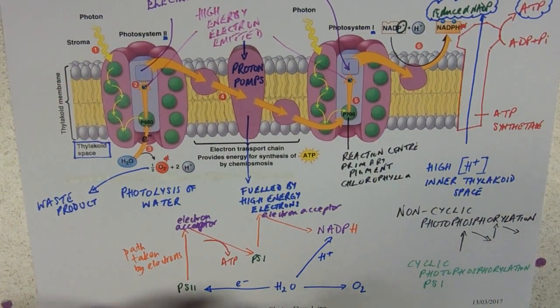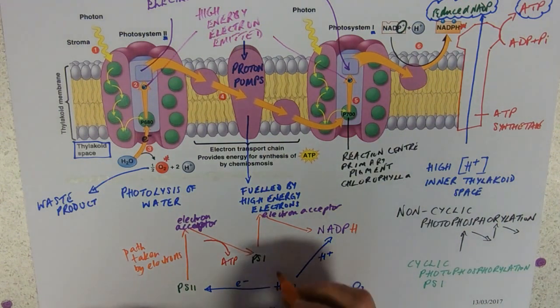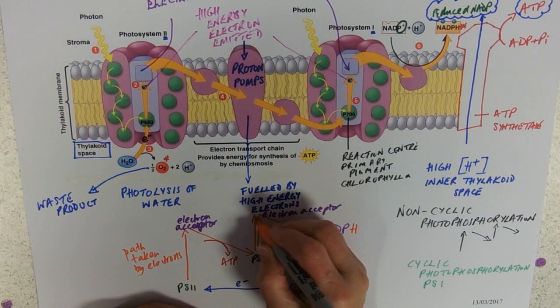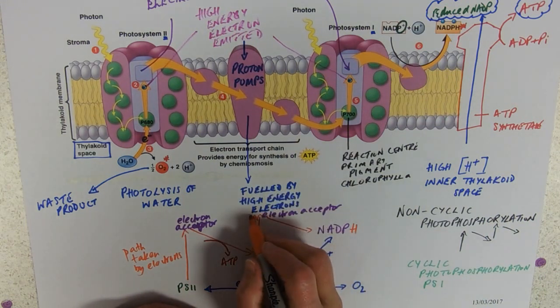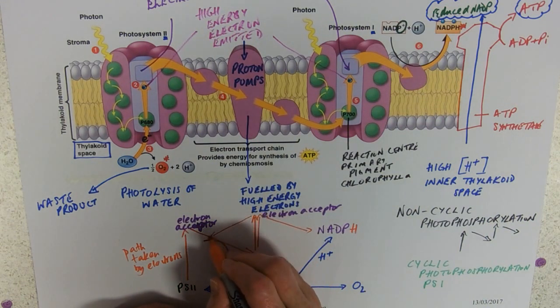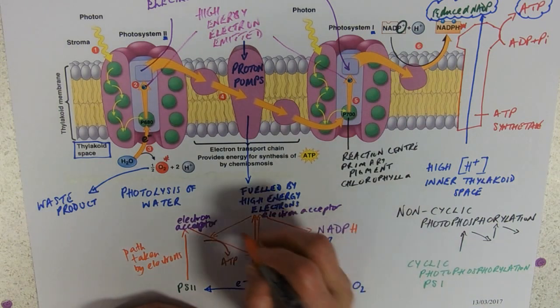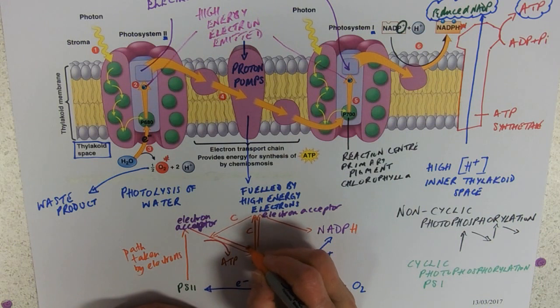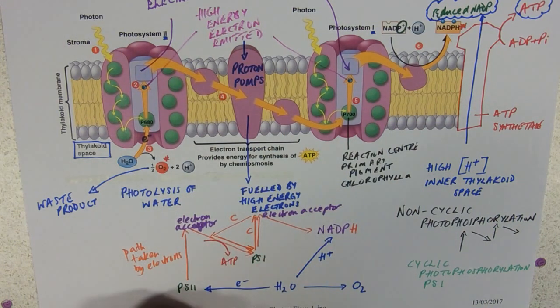Super duper. So cyclic photophosphorylation only involves photosystem I, gives off a high energy electron to an electron acceptor, and then it kind of goes backwards. So this is cyclic, cyclic, cyclic, and then back to its own photosystem I. And that's just because of the nature of the arrangement and the ability of the electron acceptors to accept electrons.